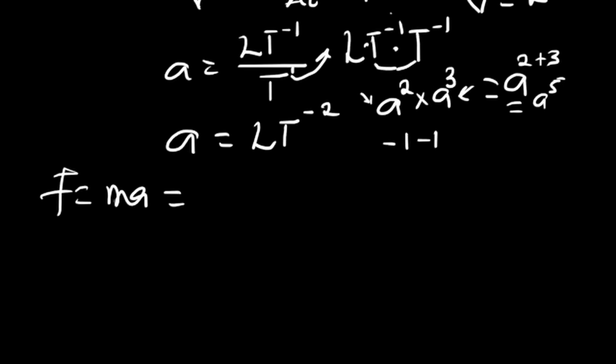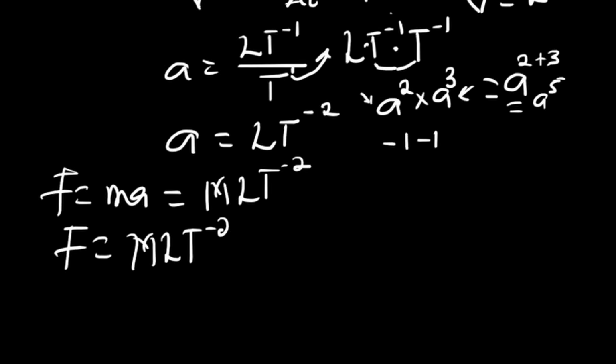So this is equal to the dimension for mass, which is just M. We have now determined the dimension for acceleration to be LT minus 2. We now write LT minus 2. Therefore, the dimension for force is now equal to MLT to the power negative 2. Okay, good.